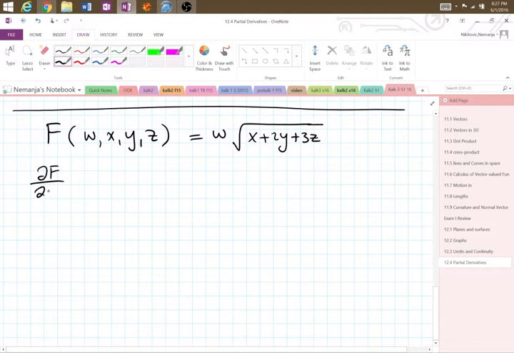So let's find all four partial derivatives. It's backwards D. Backwards 6.